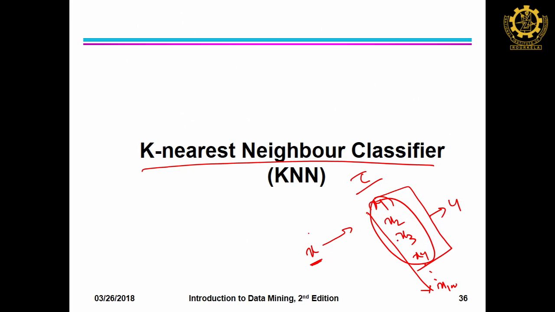Because you are doing sorting, if there are n objects, it is n log n. Then if you need to identify m unknown objects, where m is of the order of n, the complexity will be n square log n.